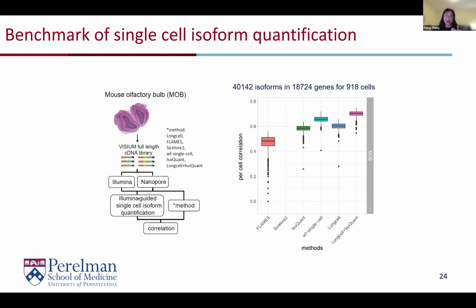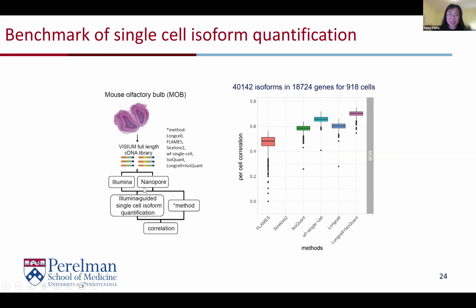The final benchmark we did was this spatial long read experiment. This is public data, and I forgot to put the citation here. In this data, they looked at the olfactory bulb, and it's VCM. The VCM cDNA library is sequenced by both Illumina and Nanopore.